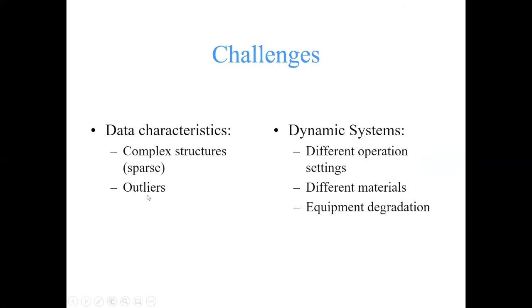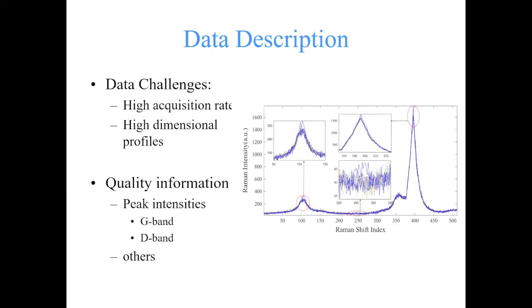Not only that, but many of these systems are dynamic, which means that this curve is not going to have the same values over time. Sometimes it shifts, sometimes it goes to the right, sometimes it goes to the left, sometimes it increases in peak or decreases. And it's not necessarily going out of control.